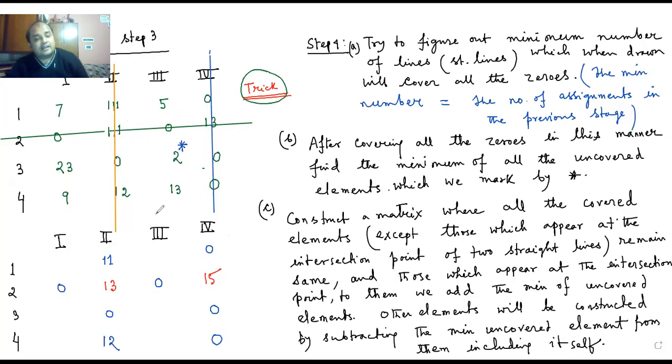And this is the reason for my trick, because if I drew the horizontal line to cover this 0, a 0 would appear at the intersection point, and we would have to add 2 to that 0.